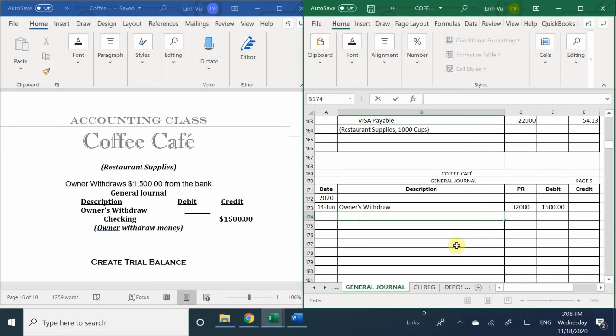Now, of course, if the owner is going to withdraw money from the bank, where are we taking this amount out from? The checking account. Yes. Now, there are 2 ways that you can do this, right? Because the owner has full access to his own bank account because he owns the business.